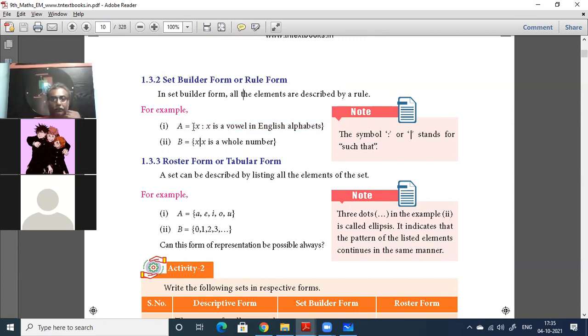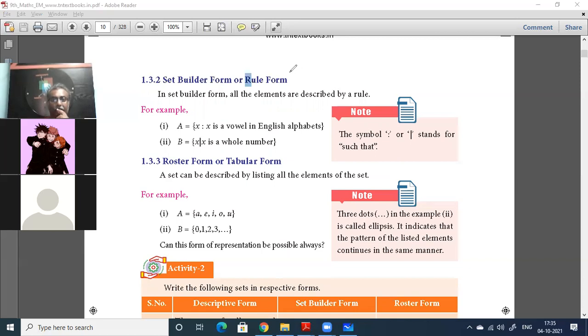So X will be replaced by a vowel in the English alphabet. First time X will be A, second time X will be E, third time I, fourth time O, fifth time U. X equal to A, X equal to E, X equal to I, X equal to O, X equal to U. That is the meaning of it.